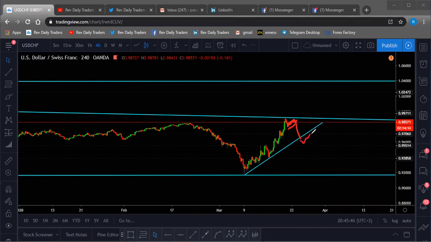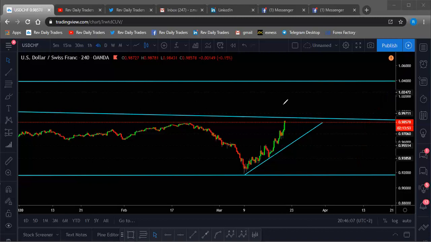Then look for a correction here to break below this one, then you go down, then you take a trade. Okay, it's a structure that we are expecting next week or coming weeks.